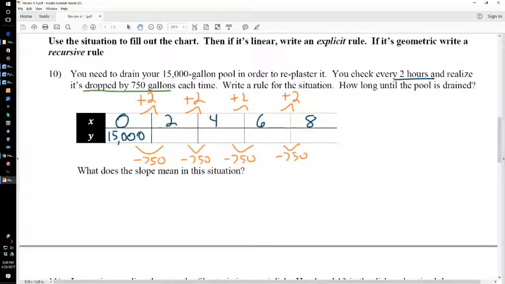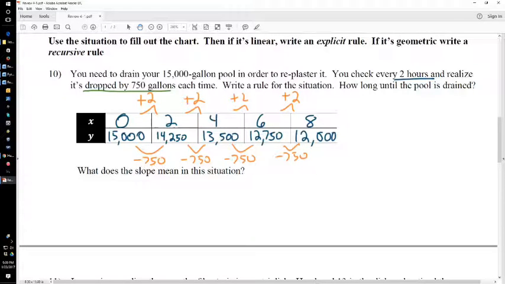So let's just start knocking this out real fast. I don't have my calculator, so I got to use my cell phone. 15,000 minus 750 equals 14,250. 14,250 minus 750 equals 13,500. 13,500 minus 750 equals 12,750. 12,750 minus 750 equals 12,000 gallons.